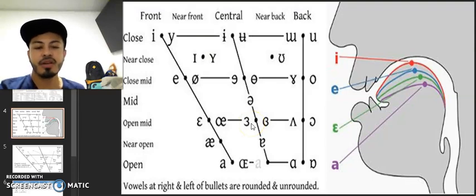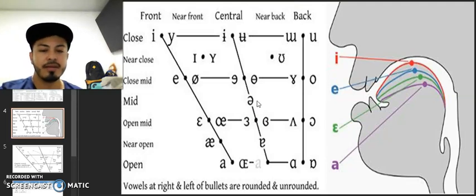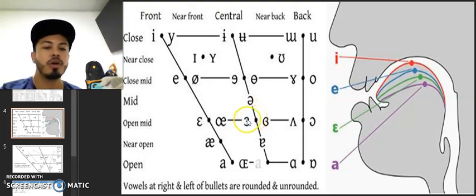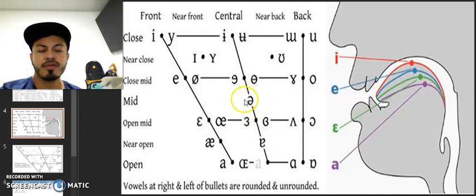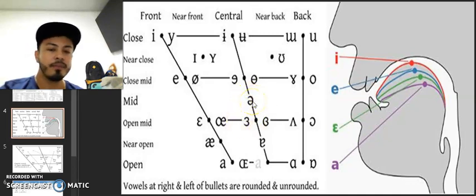Even in some dictionaries, they don't make any differentiation between this one and this one. Sometimes they represent the sound by the schwa. They use the same symbol for different sounds because in real life it's almost the same. It depends on the emphasis that you put on the word, but to some people it's the same.